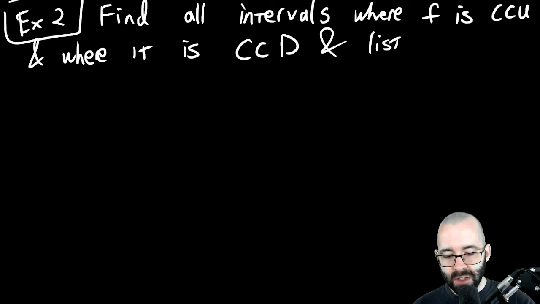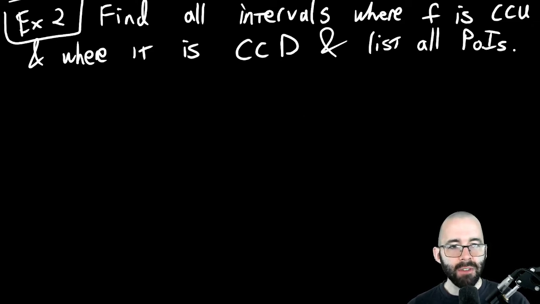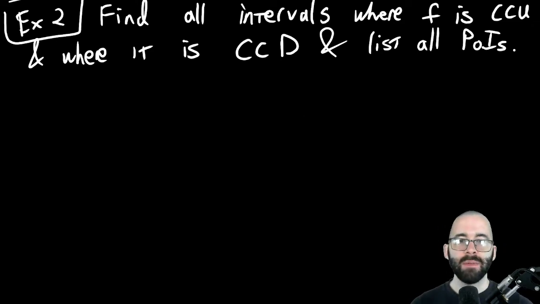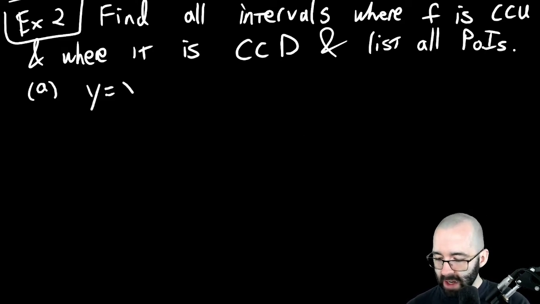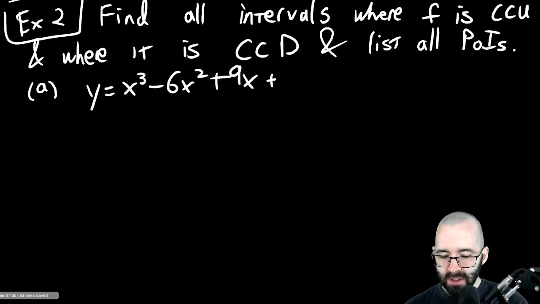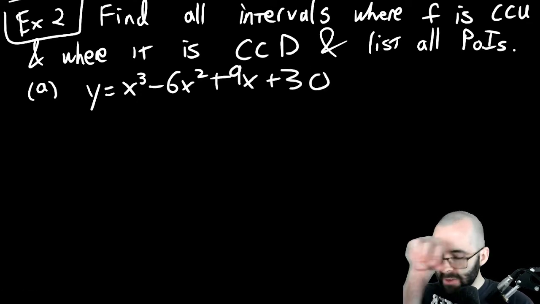And list all points of inflection, POIs. Okay, and first one is y equals x cubed minus 6x squared plus 9x plus 30. Looks similar to the last example, but it is a different cubic function.